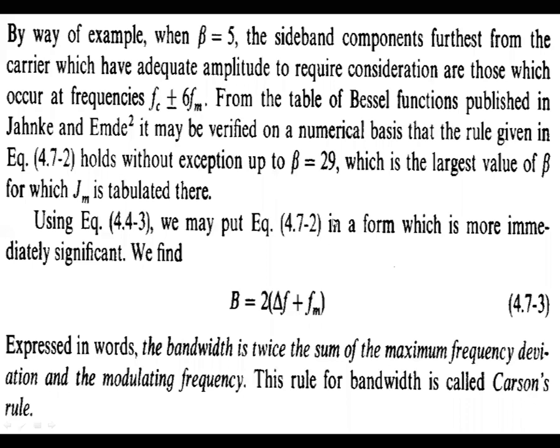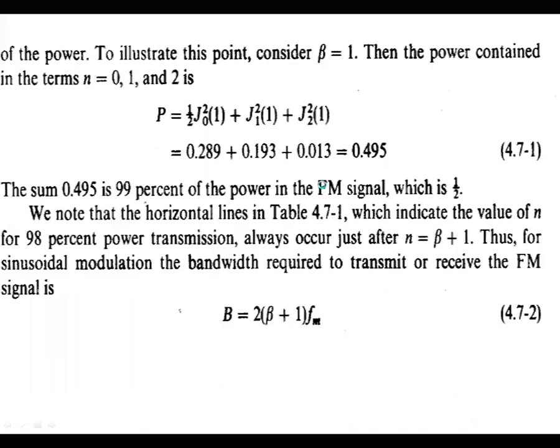Substituting this, beta is del f by fm, so we get 2 into del f by fm plus 1 into fm. Substitute del f by fm in the place of beta.